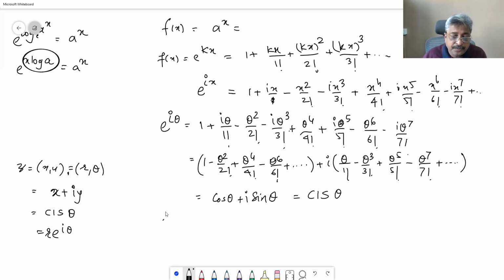Next function is log 1 plus x. Find the series expansion of log 1 plus x. Okay, so for any function, if you can write down the successive derivatives, the nth derivative, easily, then writing the series expansion is easy because we have the correct formula with us.